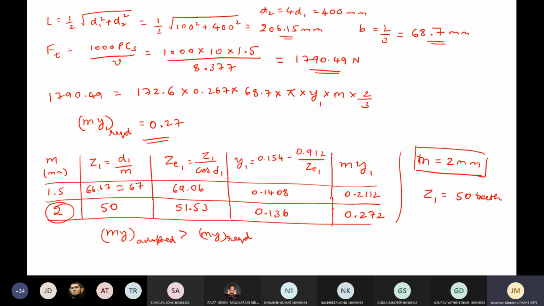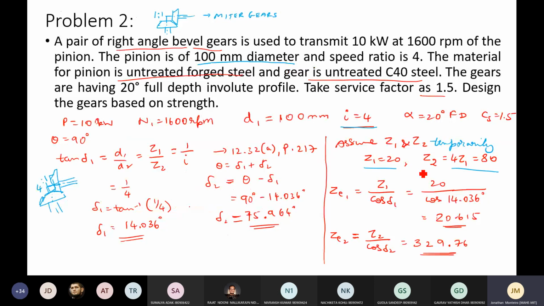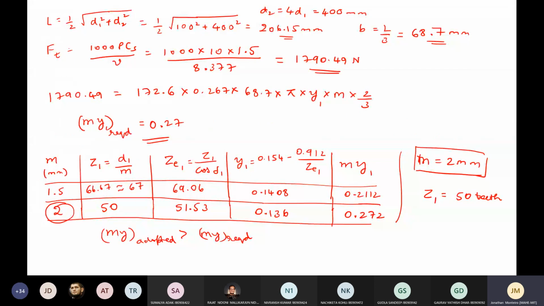Remember that temporarily we had assumed Z1 to be 20 only for the sake of finding the weaker member. Now Z1 is actually 50 that is required.